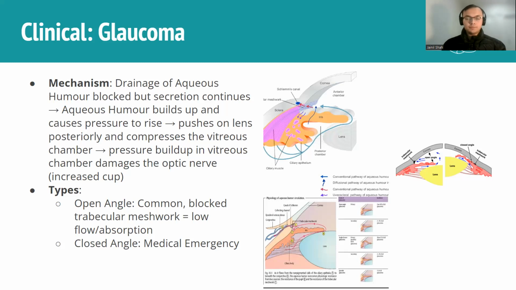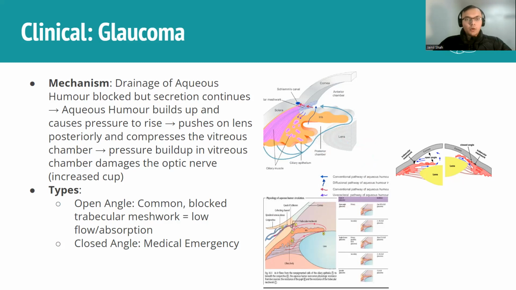And so the aqueous humor builds up and causes pressure to rise, and that's going to push on the lens posteriorly, causing, amongst other things, visual problems. It'll also compress the chamber behind it, which is the vitreous chamber, and pressure built up in the vitreous chamber, which is the eye itself, is going to then damage the optic nerve and cause an increased cup, which can cause things like ischemia and cause permanent blindness and damage.